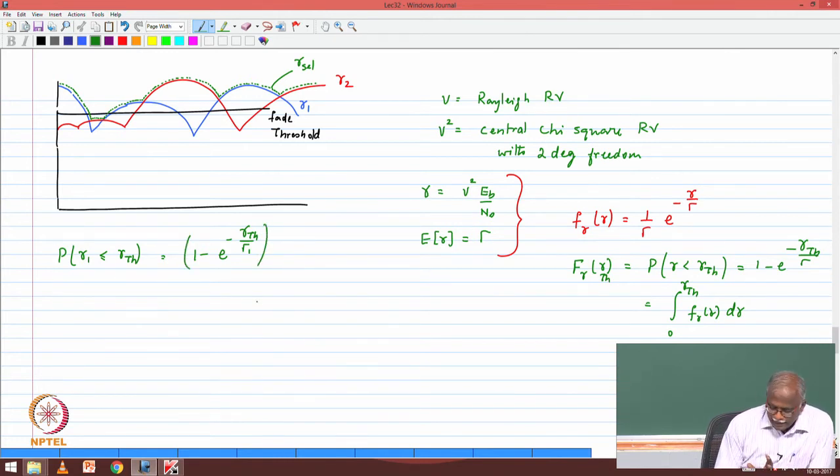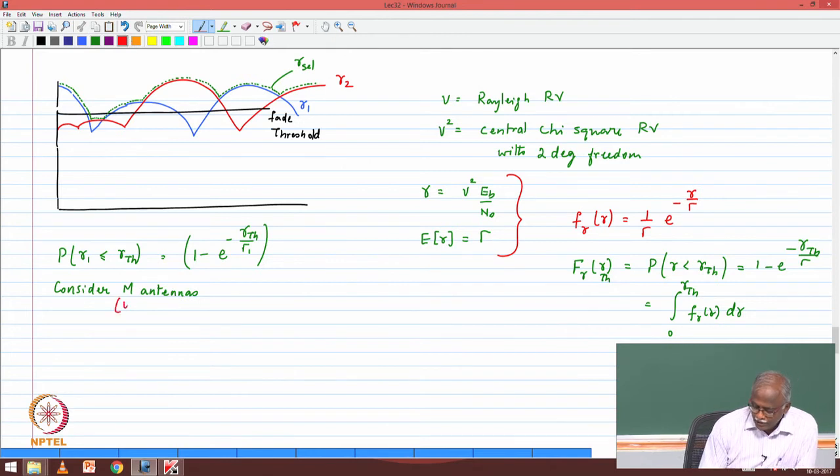Now, if we were to extend it to M antennas, M independently fading antennas, you can call them uncorrelated antennas, or you can also specify that these are M antennas with independent fading. Both are the same for us.